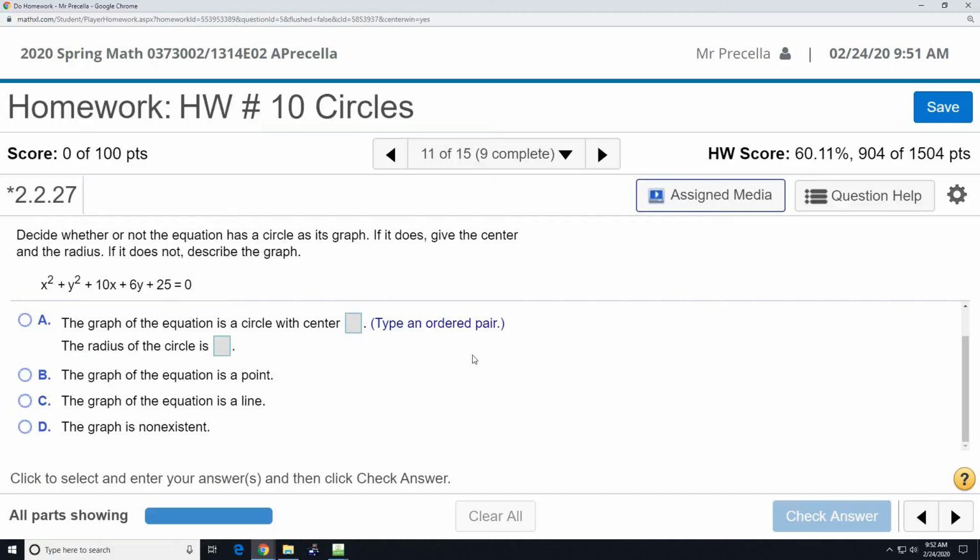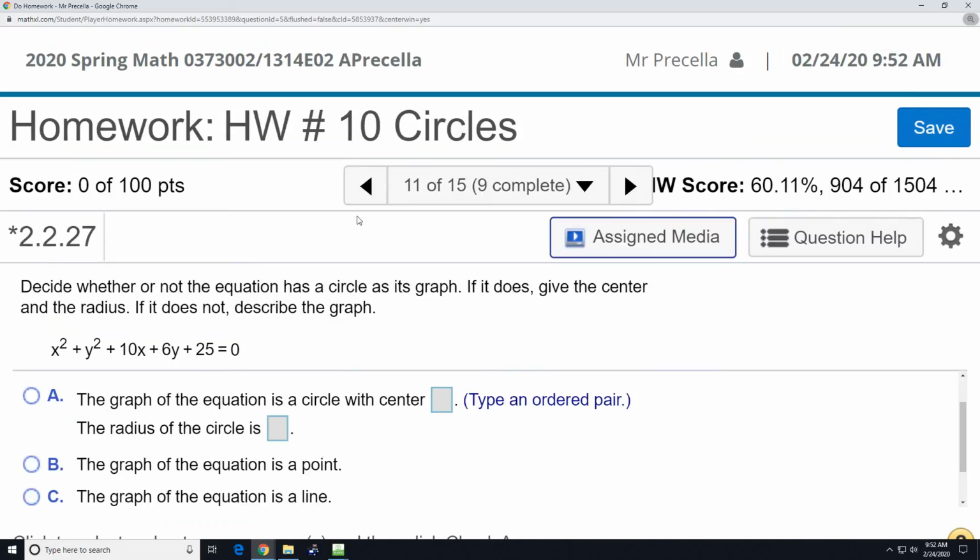So let's do number 11. Let me write it down. X squared, let me make it a little bigger. X squared plus y squared is number 11. Hey, we don't have to divide through by anything like we did on number 10.